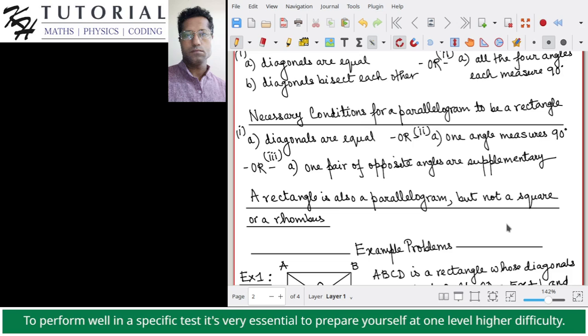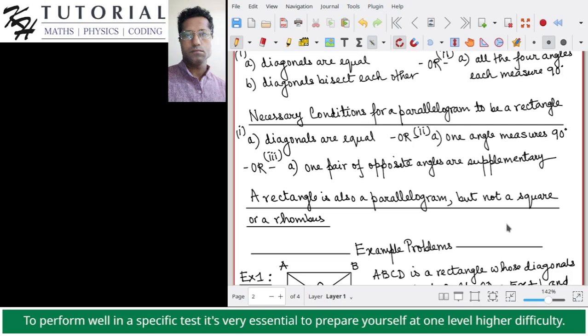In a rectangle the diagonals need not bisect each other at right angles. But in a rectangle the diagonals will be equal and they will bisect each other but not necessarily at right angles. So this is the only difference between a rectangle and a square. Obviously a square has all the sides equal and the rectangle has only the opposite pair of sides equal since it's a parallelogram.